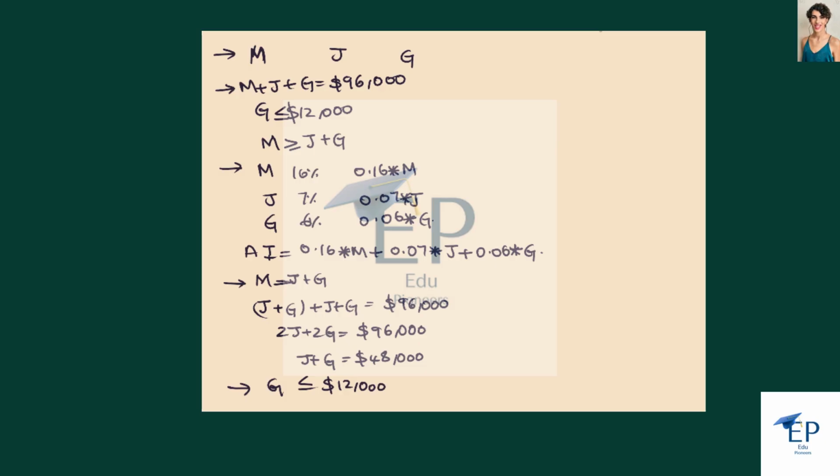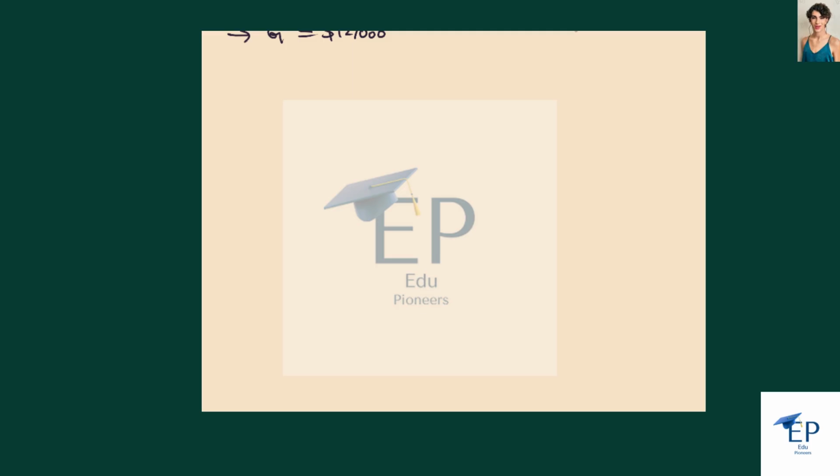Now let us solve for J and G, where J plus G is equal to $48,000, and G is less than or equal to $12,000.